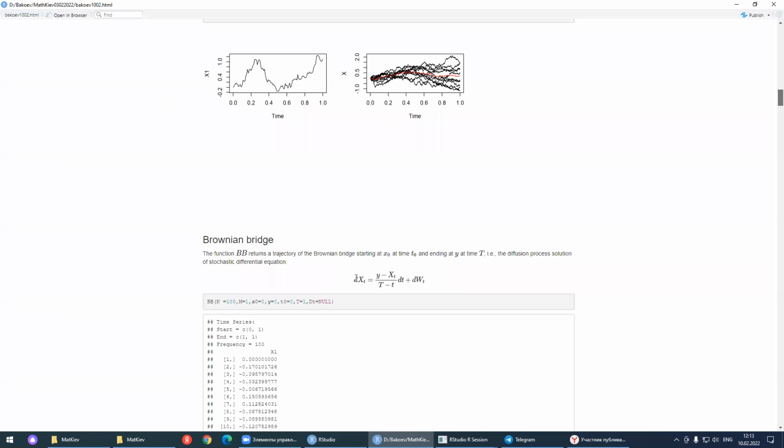This is the stochastic differential equation according to Brownian bridge.